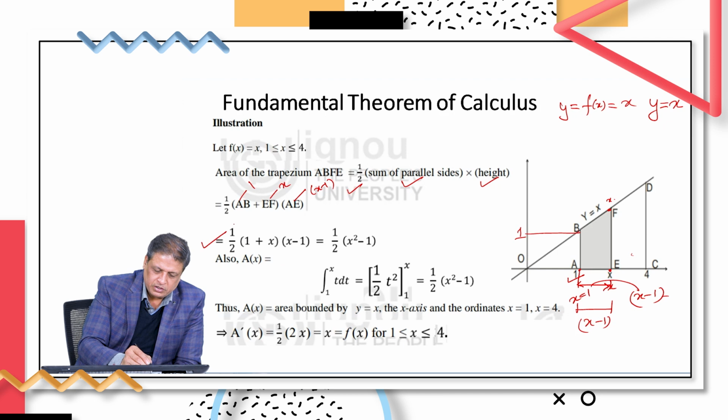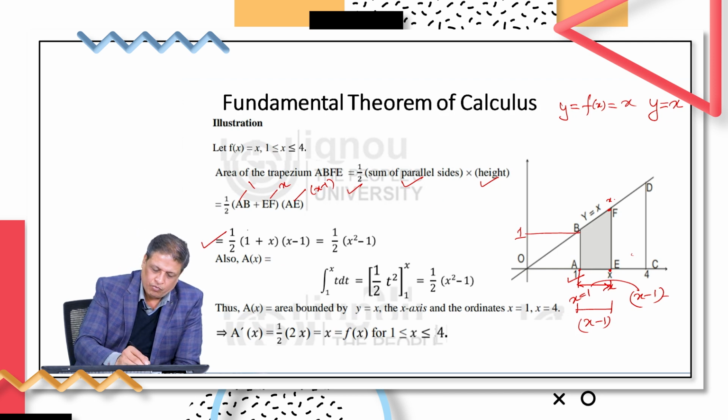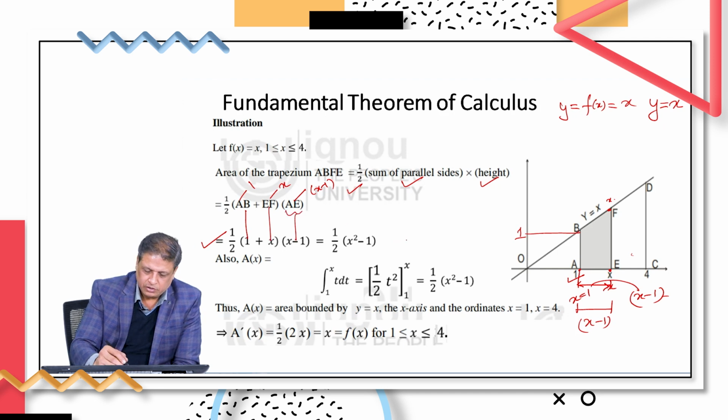So the area of the trapezium is expressed as 1 by 2 into (1 plus x) into (x minus 1), and this is solved to 1 by 2 into (x square minus 1 square), because we know a square minus b square is equal to (a plus b) into (a minus b).